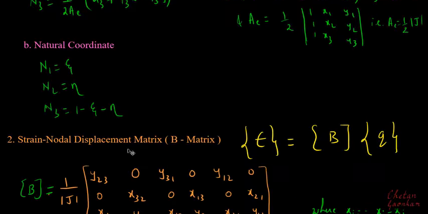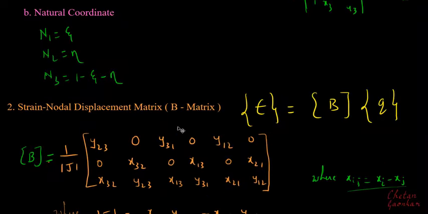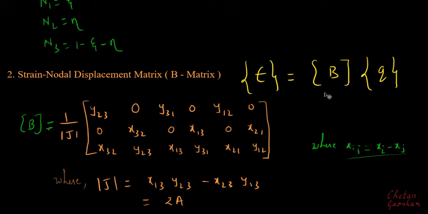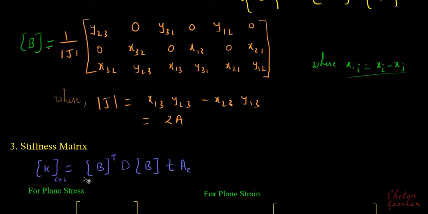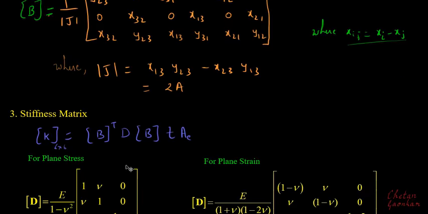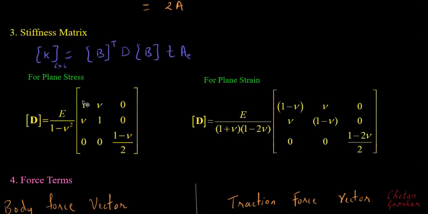Then we had derived the strain displacement matrix, which is also called the B matrix, which is very important for this problem, wherein with this matrix we will be able to find the stiffness matrix. Of course, there is the D matrix, with two forms, for plane stress and plane strain case. Since our problem is plane stress, we will be using this as our D matrix.